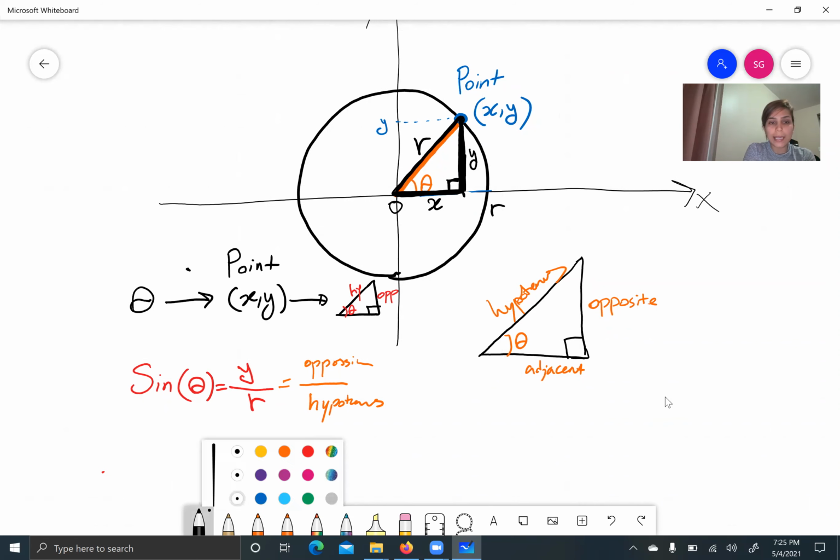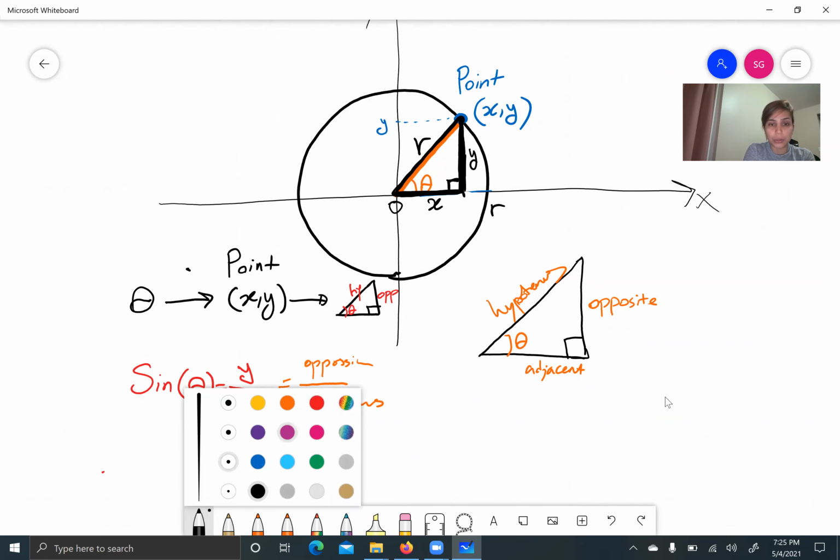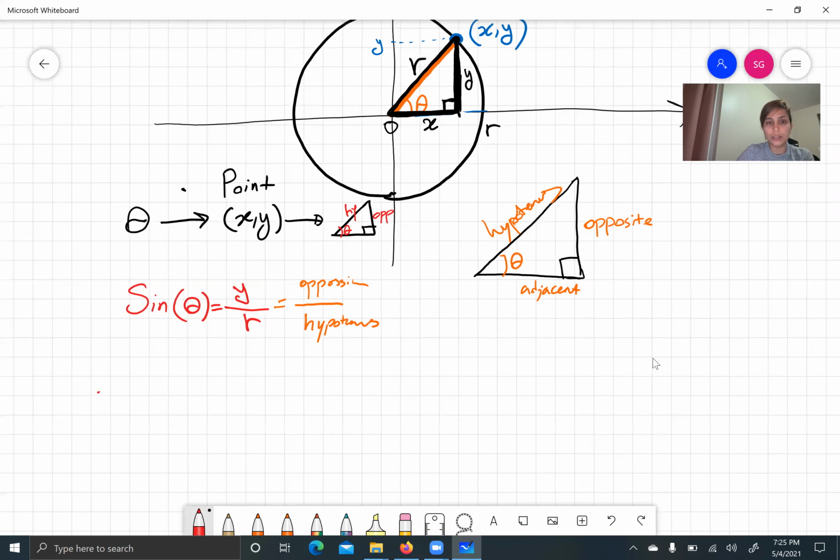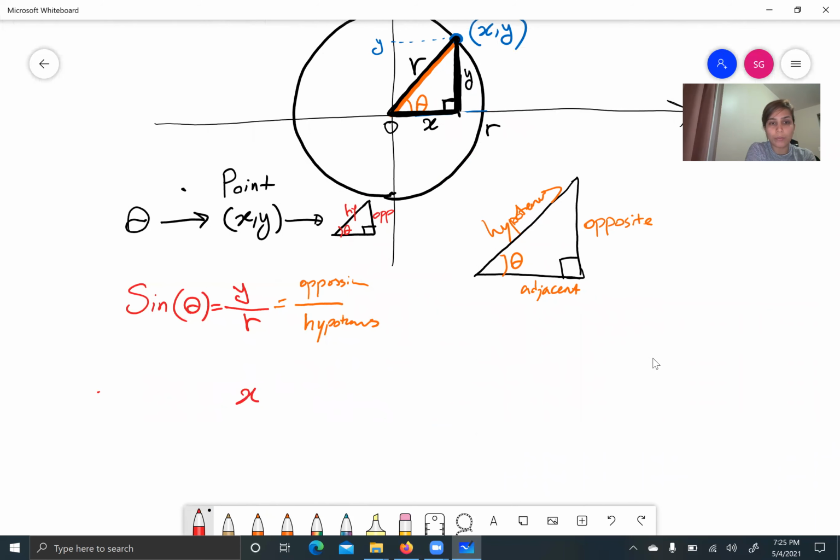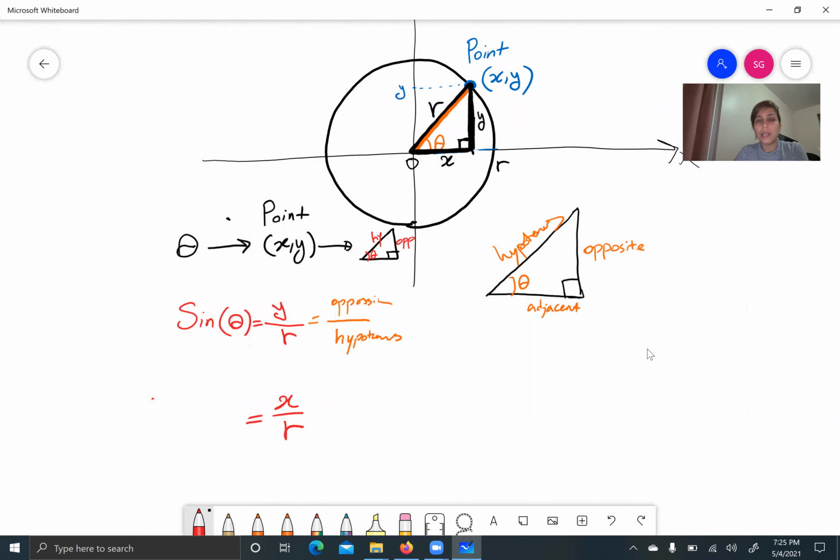Similarly, we can calculate another ratio. For example, you can calculate the ratio of x over r. How about this? Because you have it, right? In this right triangle, you have the value of x, you have the value of r, which is the same as dividing the adjacent side over hypotenuse, right?